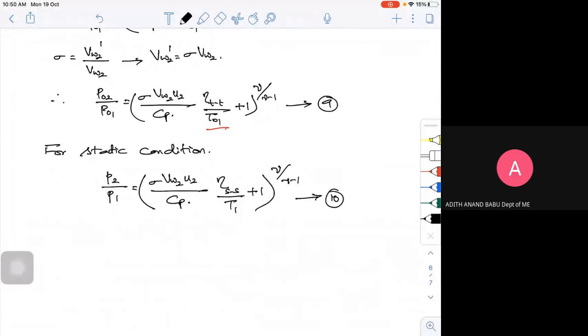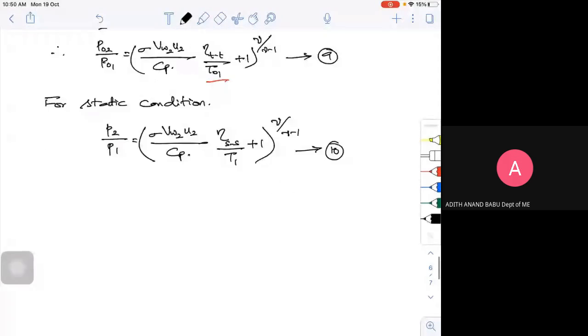It is the same equation for a radial exit condition, where beta 2 is equal to 90 degrees, because in that condition your VW2 is equal to U2.